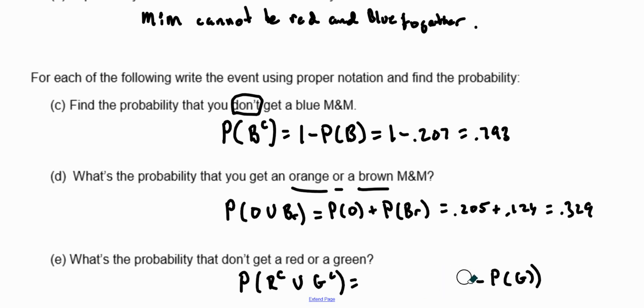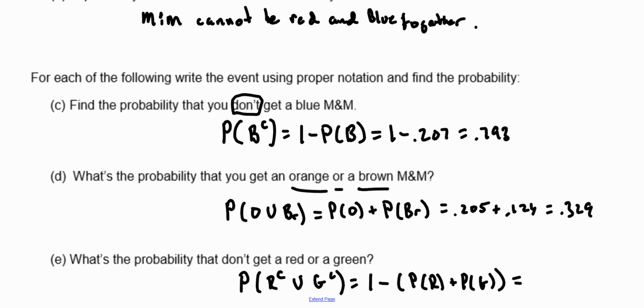Let me just erase this. We could also take this right here, because if we want to find this value, and I think I may have done that one wrong, we could just add the probability of getting a red and the probability of getting a green, and subtract that probability from 1.